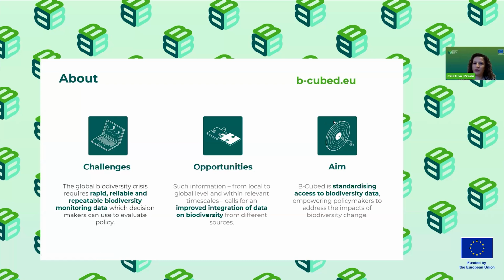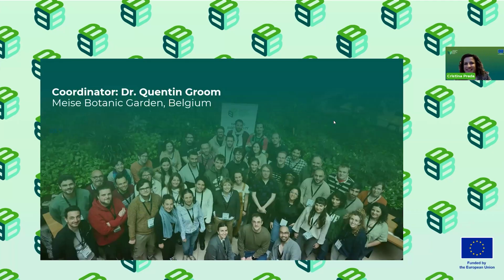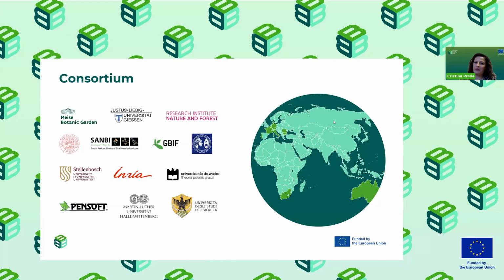You can find more information about the aims and outputs of the project on the project website, which is b-cubed.eu. And we have with us today our coordinator, our brilliant leader, Dr. Quentin Groom from Meise Botanic Garden, Belgium. He is coordinating a large team of amazing people that are interested in biodiversity data coming from different institutions across Europe and also beyond European borders.